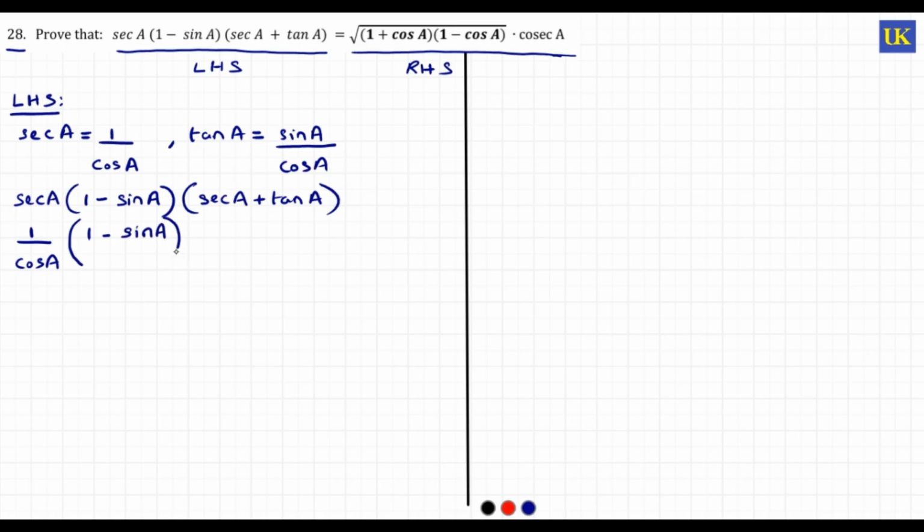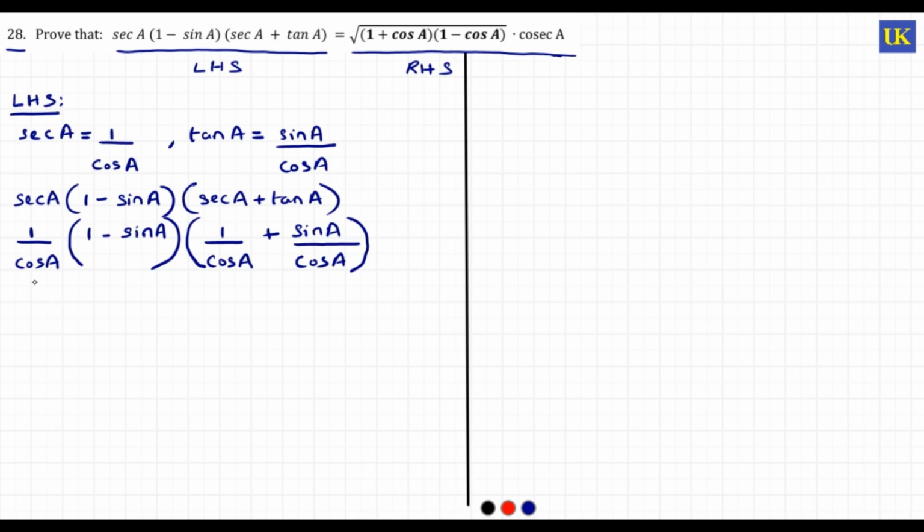Then here, for this sec a also, I will write 1 upon cos a plus, instead of tan a, I will write sin a upon cos a. So this sec a I have changed, this sec a I have changed, and this tan a I have changed as per the above formulas.